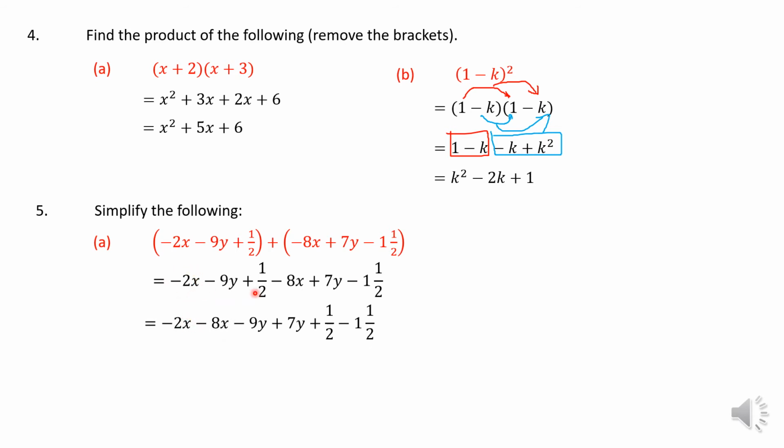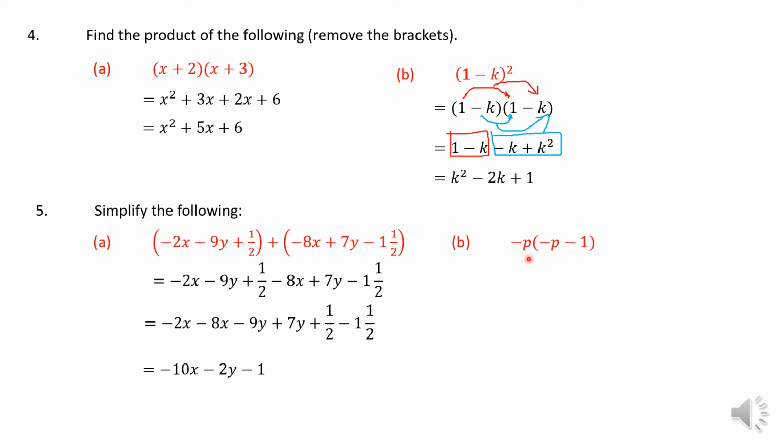The minus 2x goes with the minus 8x, the minus 9y with the positive 7y, a half minus 1.5. All right, so once you are done, you get minus 2x minus 8x gives you negative 10x, and negative 9y plus 7y, 7 minus 9 gives you minus 2y, and a half minus 1 and a half is just 1, so negative 1. That is the answer there. Okay.